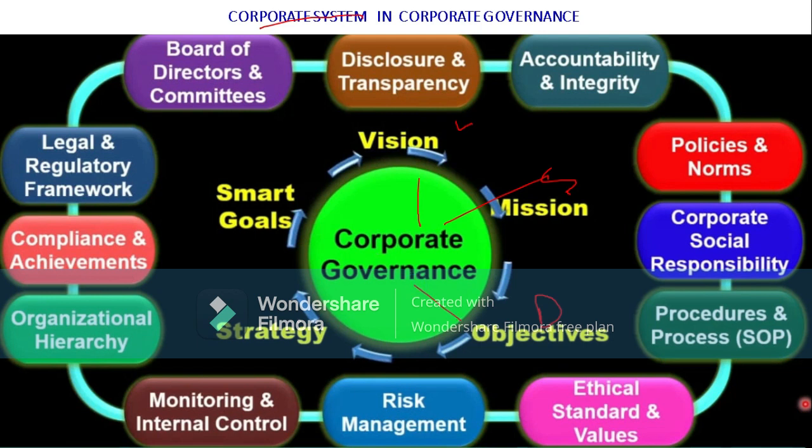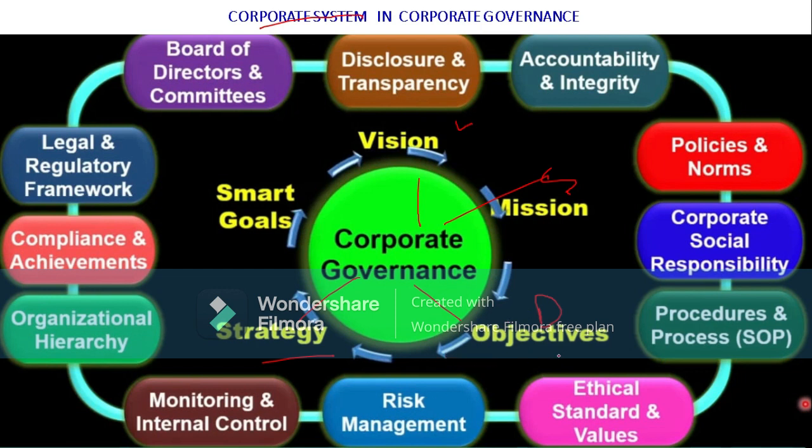And strategy means, in order to achieve these objectives, a formulated strategy will be implemented by the organization for a short period of time. For example, for a sales department, within these 3 months we have to increase our sales.